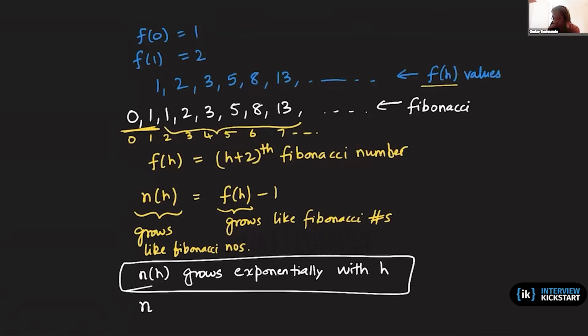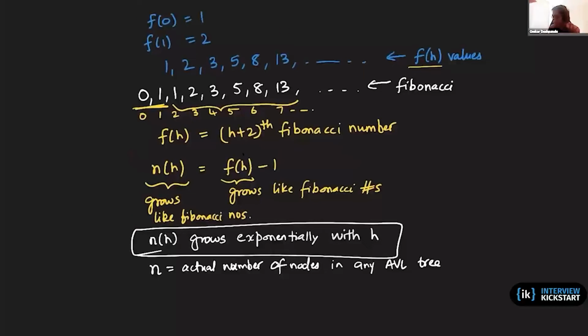So the actual number of nodes in any AVL tree of height h will obviously be greater than or equal to n of h. So that means this also grows exponentially with h.